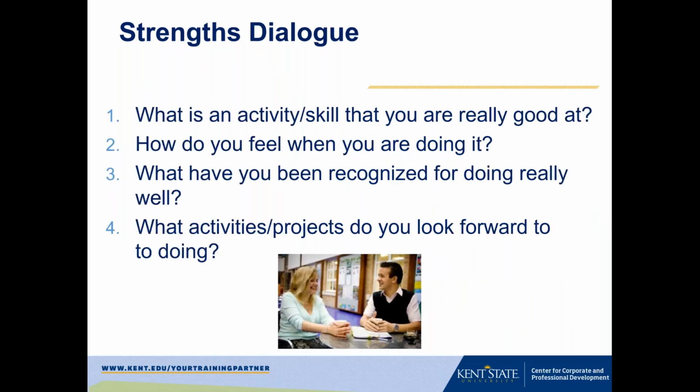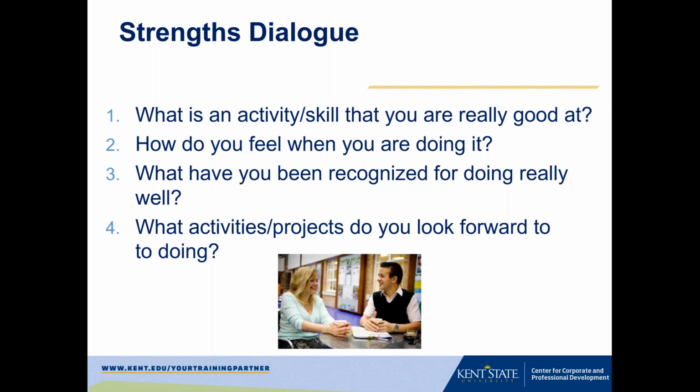But really, ultimately, what we need to do is actually have a conversation. It's one thing to assume, just based on these behaviors, that it might be a strength. But ultimately, what we have to do as supervisors is have conversations. And I've put these 4 questions in your materials or your handout if you've printed it out.